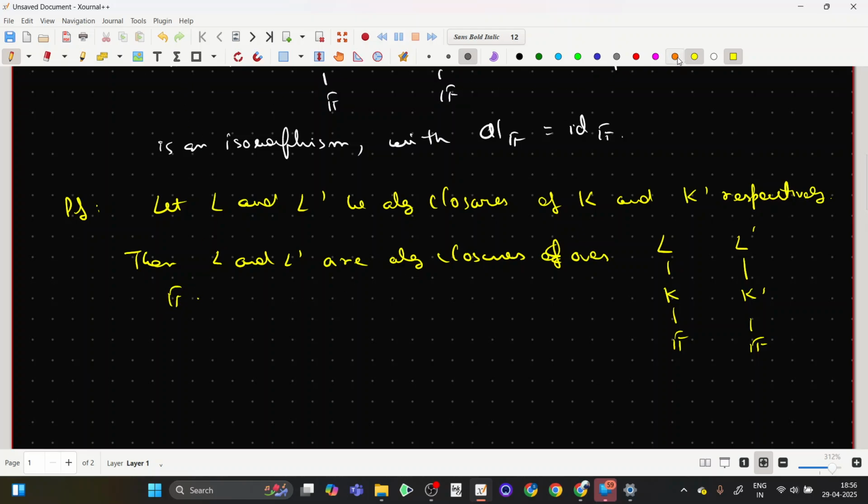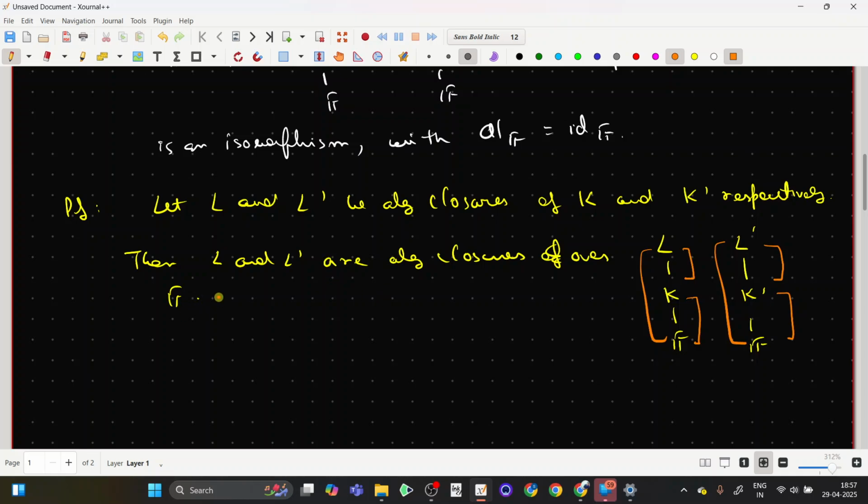Because we have concluded just before stating this theorem that splitting fields are algebraic extensions. So K over F is an algebraic extension, and by definition of algebraic closures, L over K is also an algebraic extension. Therefore L over F is algebraic, and L is algebraically closed, so L is also an algebraic closure over F, right?